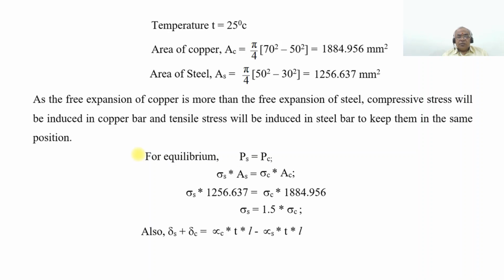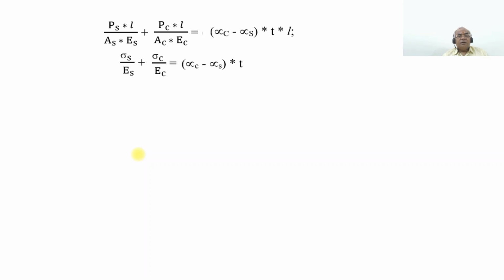On simplification, as LS is equal to LC, which is equal to L, which is 600, PS into L by AS into ES plus PC into L by AC into EC will be equal to alpha C minus alpha S into T into L. So sigma S by ES plus sigma C by EC will be equal to alpha C minus alpha S into T, because L will get cancelled.